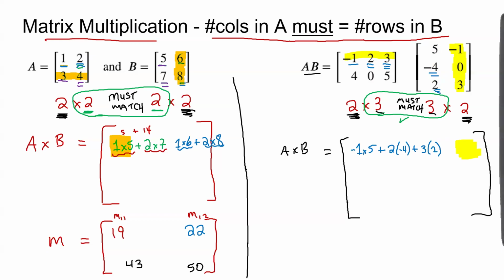When I do that one, I would have negative 1 times negative 1 is a positive 1. I've got a 2 times a 0, which is a 0. I've got a 3 times a 3, which is a 9. Okay? So I didn't quite get all the steps going in there, but I think you can see what happened.